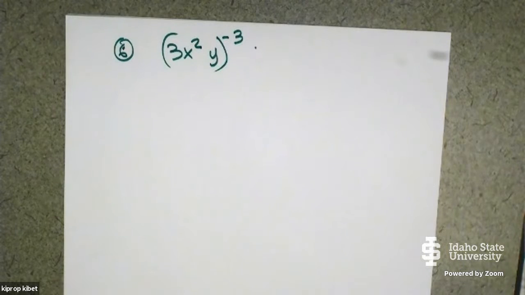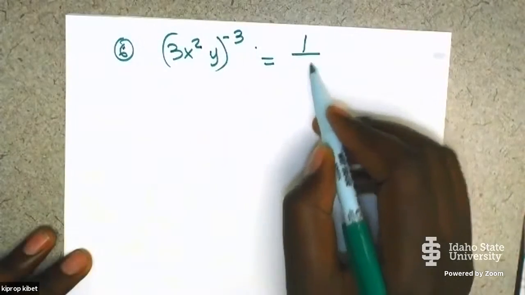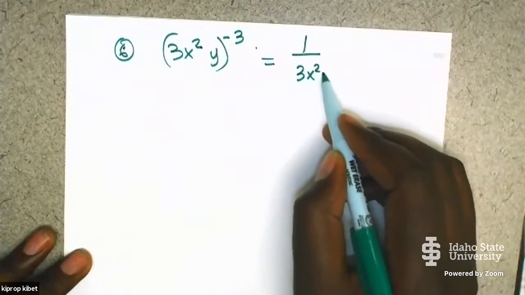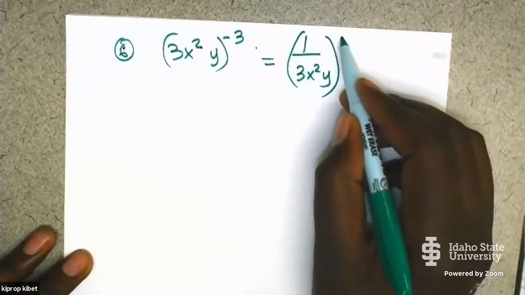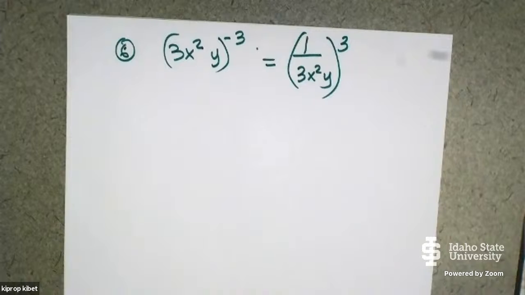Now, you can use property number 3, then this can be written as 1 over 3x squared y raised to 3. Okay? Use property number 3.